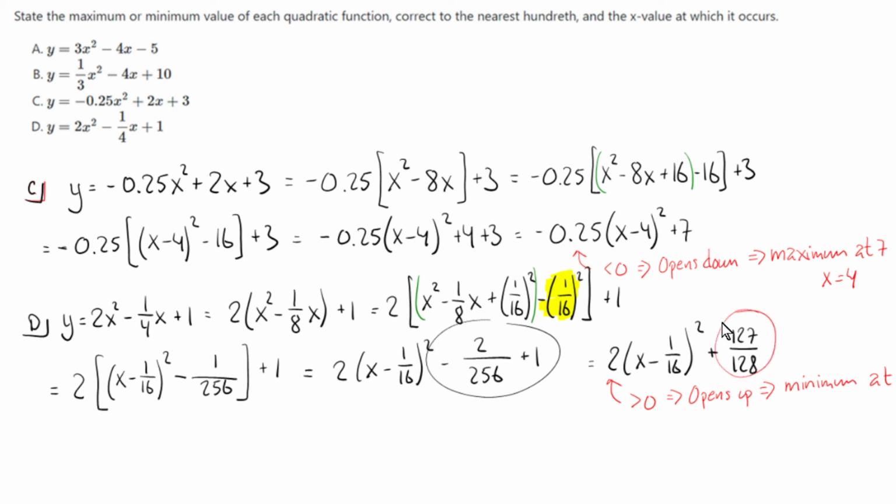So if we divide those numbers, the minimum is at 0.99, to nearest hundredth, and the x coordinate at the minimum, again to nearest hundredth, so 1 divided by 16 is 0.06.